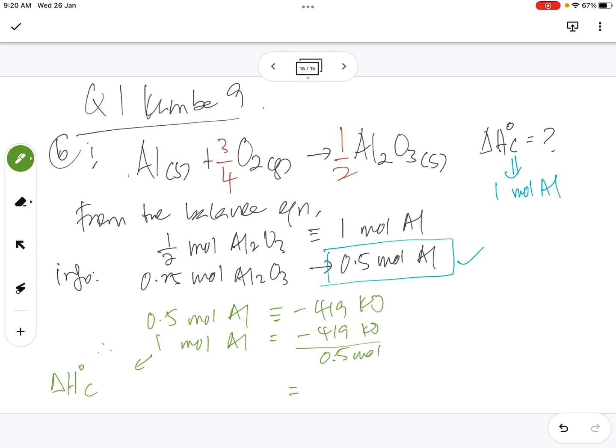I get minus 838 kilojoules per mole. Did you get it? The first one.